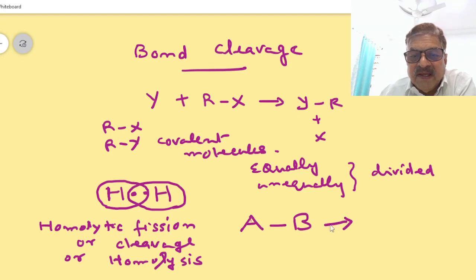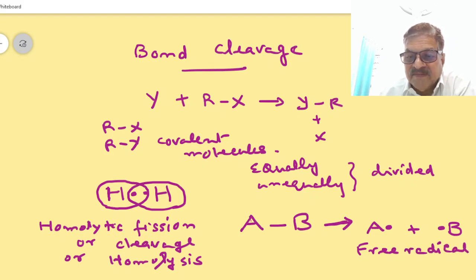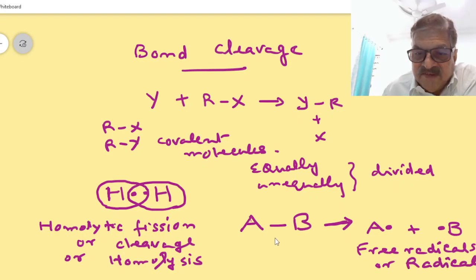So in this case, the electrons are equally shared. A will get one electron, and B will also get one electron. These are radicals or free radicals, that is, species with unshared electrons. So this is the radical reaction mechanism.